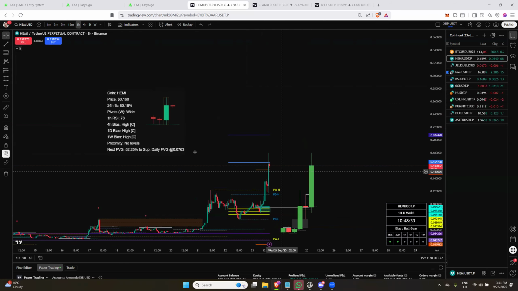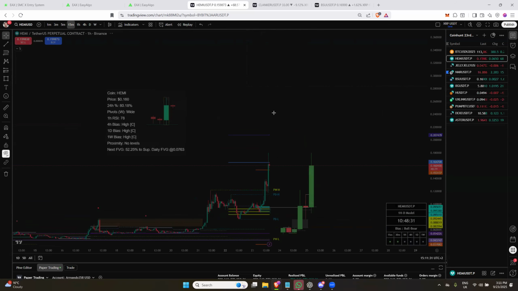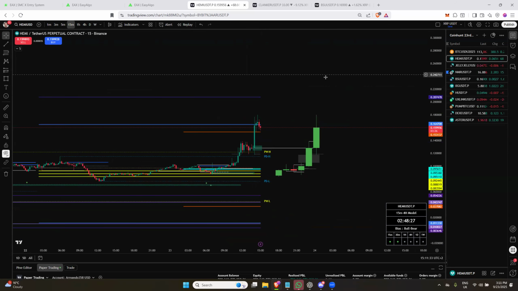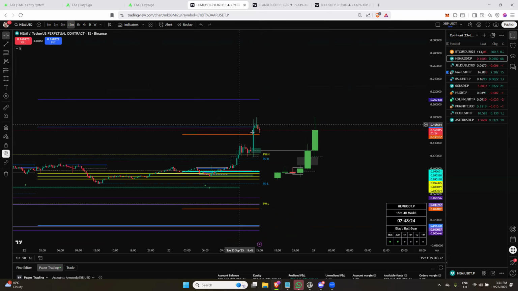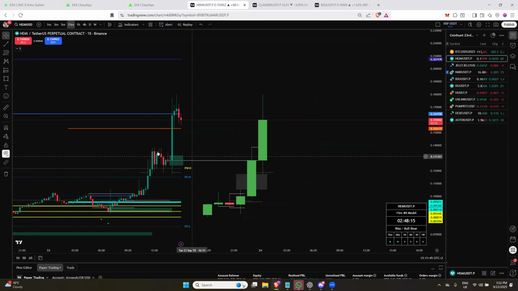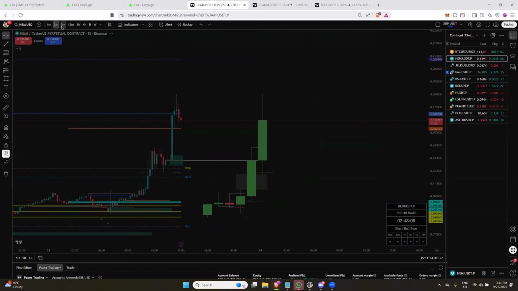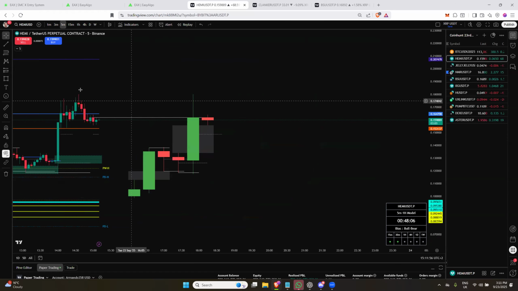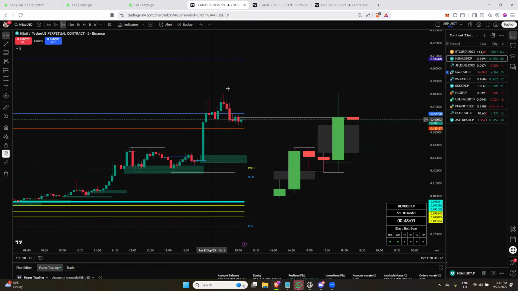I would wait, obviously you would need some form of confirmation. So obviously a break, a manipulation and a strong break over this area, or an opposing level, but your opposing levels here unfortunately are only going to be over here, which would be quite late in the trade. So I would try to see, yeah, so it's done a break, but it's accumulating at the same time.